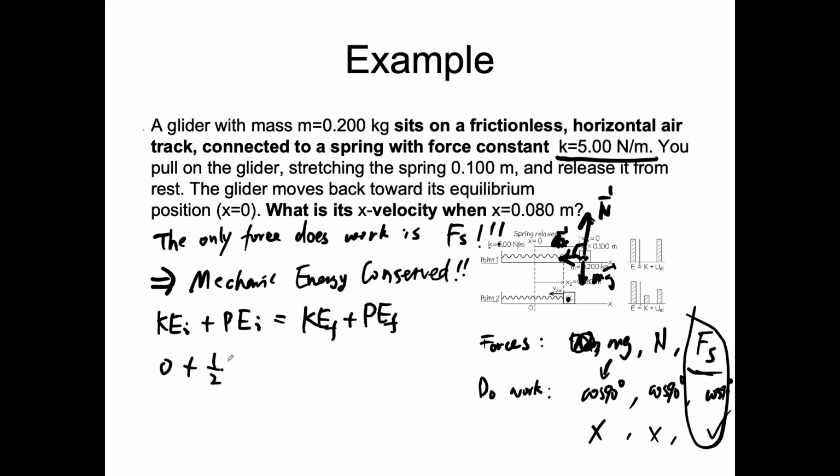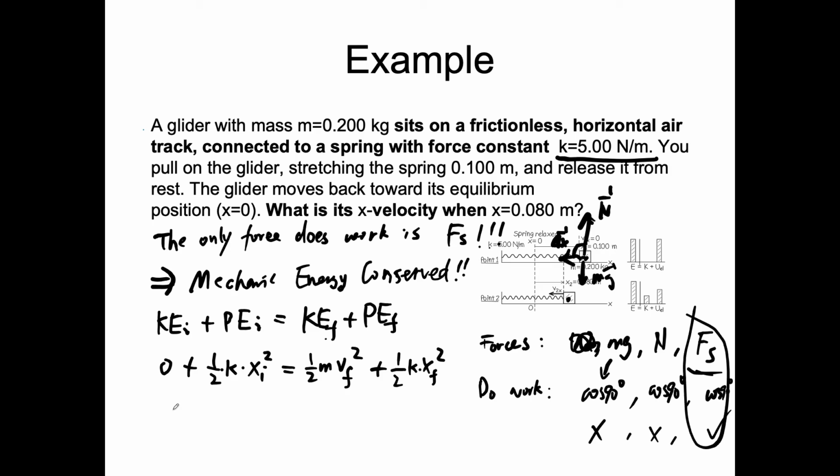PEi is 1/2 k xi squared. KEf is something we want to solve for, vf, and PEf is 1/2 k xf squared.